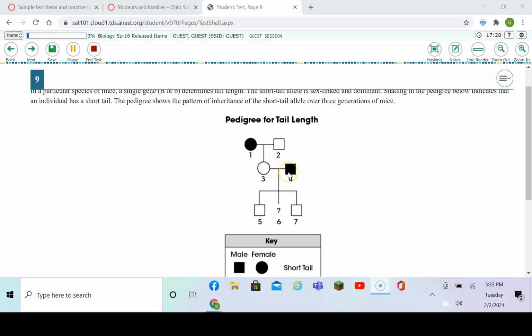The father, on the other hand, has the short tail. He has an X capital B and a Y. So he gives the short tail gene to his daughter, and his mate gives the long tail gene. But since the short tail gene is dominant, this number 6 is going to be a female, and it's also going to have the short tail.